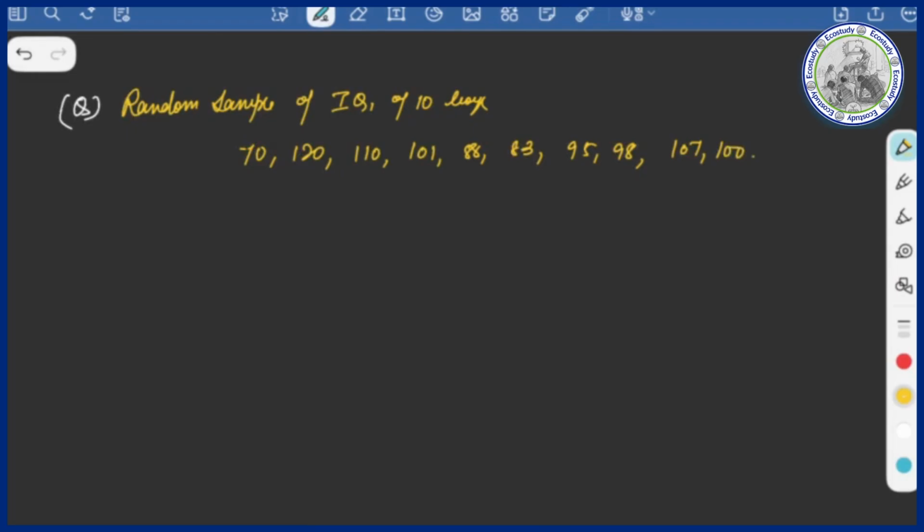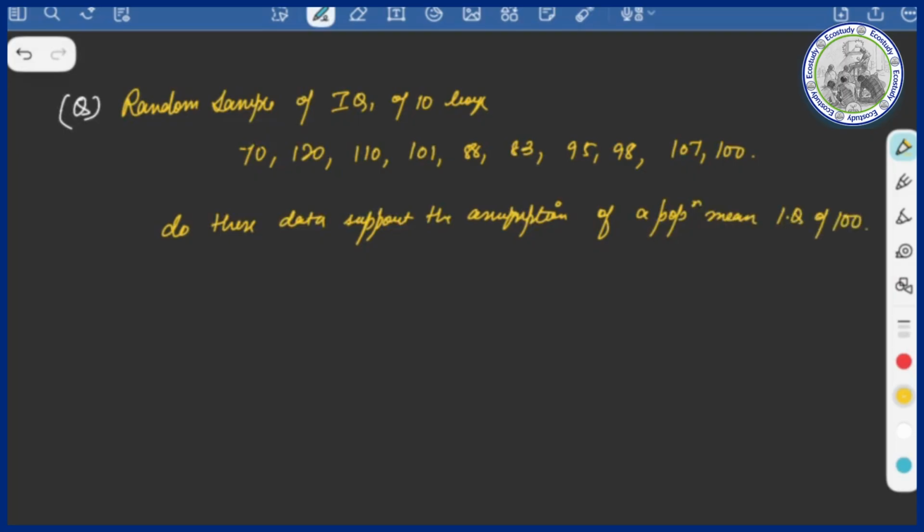Now the question is, do these data support the assumption of a population mean IQ of 100? Okay, we have to test it.